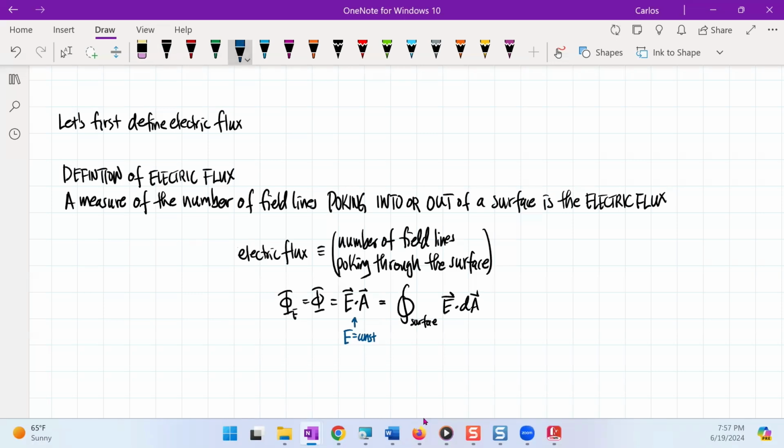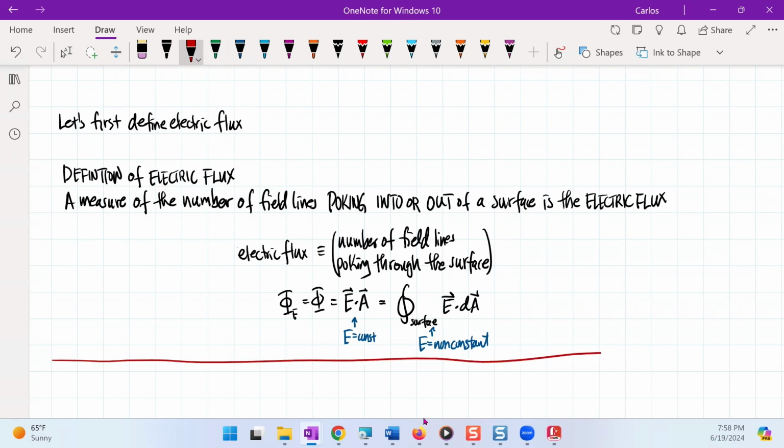And even though I could use this for a non-constant field, I could also use it for a constant field and I get the exact same response. But typically, we say that if you have a non-constant field, that's the way you do it. This is my definition of electric flux.